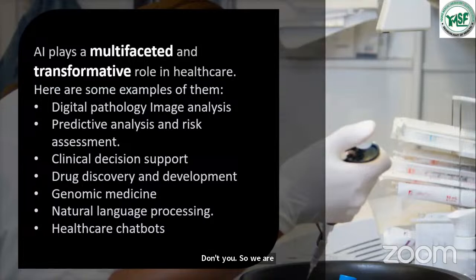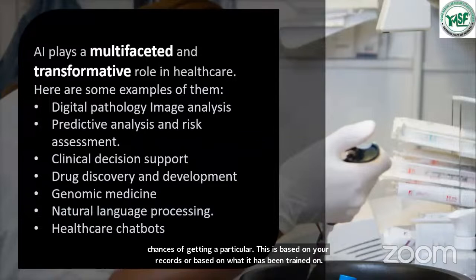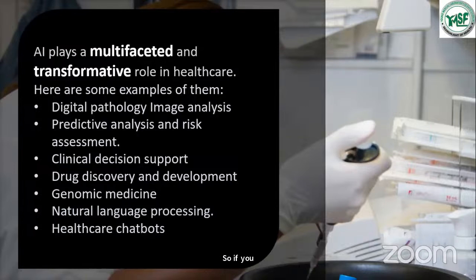So AI is able to predict what would happen, or predict your chances of getting a particular disease based on your records or based on what it has been trained on. So if you give it health data, records, and all this data that is associated with a particular disease, and you map it, you label it, right?